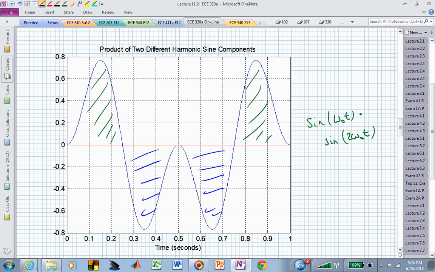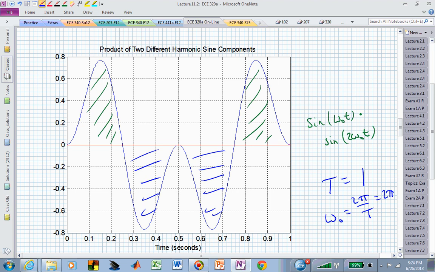T is 1 second in the fundamental, and for that reason the omega naught is 2 pi over capital T, or it's now 2 pi.